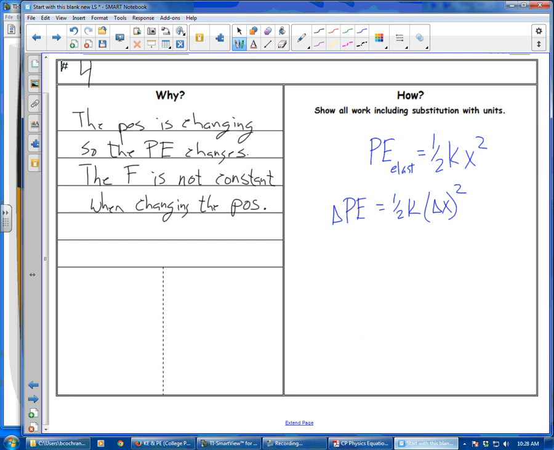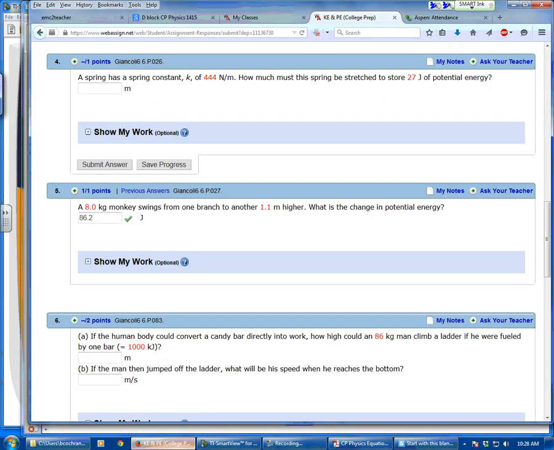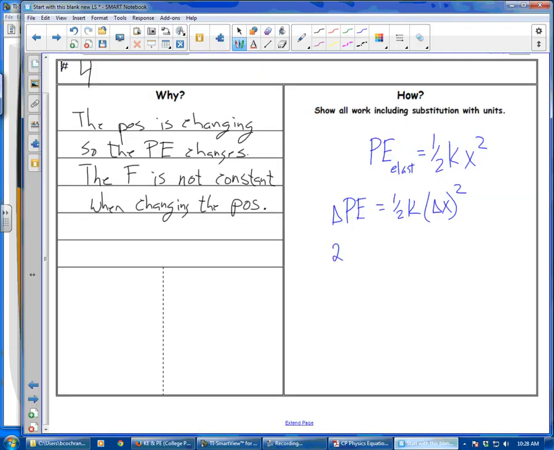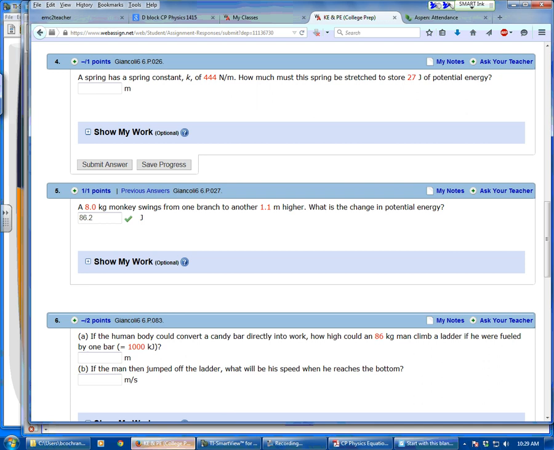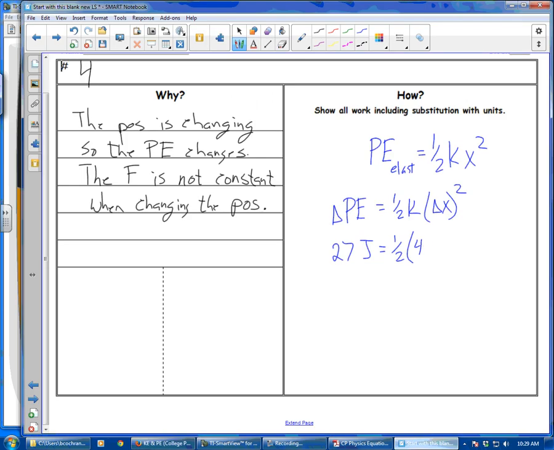So the amount we're going to change it is 27 joules. Nicely, that's already in my base units of joules. 1/2 by k is 444 Newton meters, which is my base unit again. I'm left with delta x squared, and I'm solving for delta x.